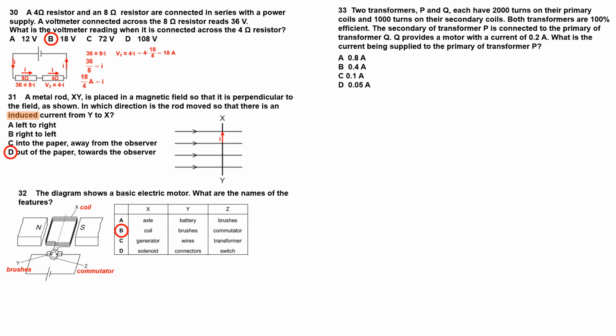Let's take a closer look at transformer P. It has 2000 turns in its primary coil and 1000 turns in its secondary coil. We can use the transformer's turns ratio to determine the relationship between the primary current and the secondary current. Since the number of turns in the primary coil is greater than that in the secondary coil, transformer P is classified as a step-down transformer.